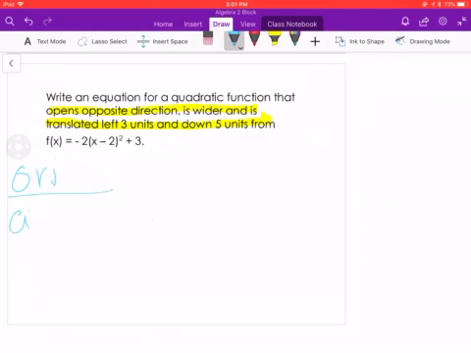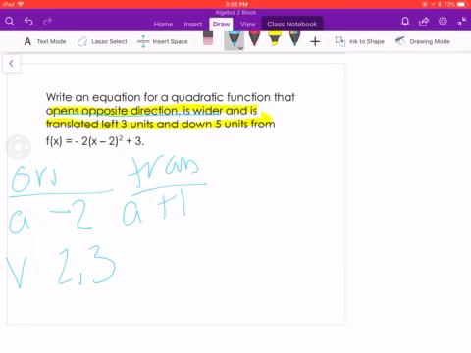So our a value is -2, and our vertex is 2, 3. So for our translated one, we need to have it open in the opposite direction and wider. So if it opens in the opposite direction, it's going to be positive, and our a value has to be wider, so it has to be less than 2. So we can make it +1. Our vertex is going to be left 3 units and down 5.